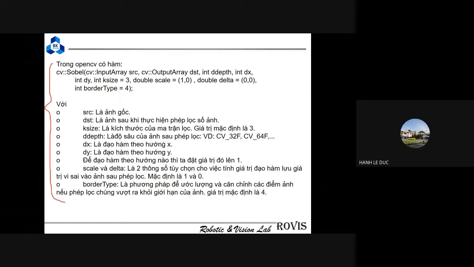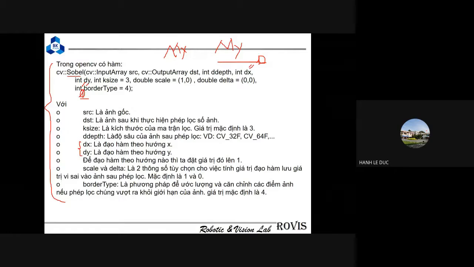The function in OpenCV is called Sobel, with the indices dx and dy. If you want to apply mx, you set dx equal to 1 and dy equal to 0. If we want to apply my, the kernel on the y direction, dx is 0 and dy is equal to 1.